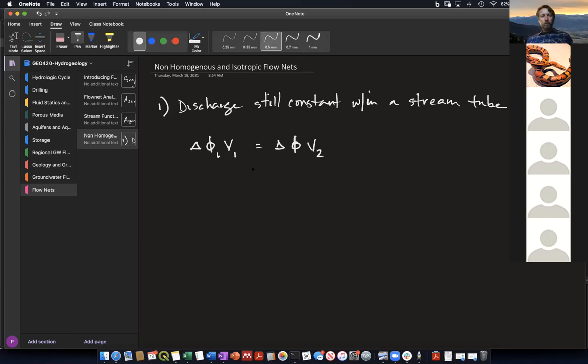But V1 and V2, let's write them out in terms of Darcy's law. So does anybody remember how we calculate the fluid velocity from Darcy's law?